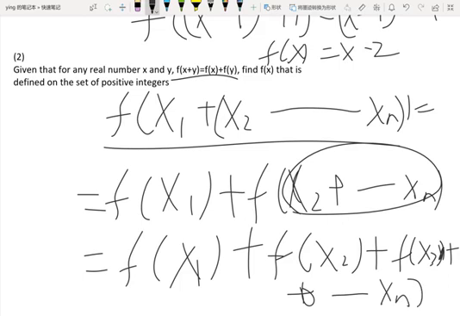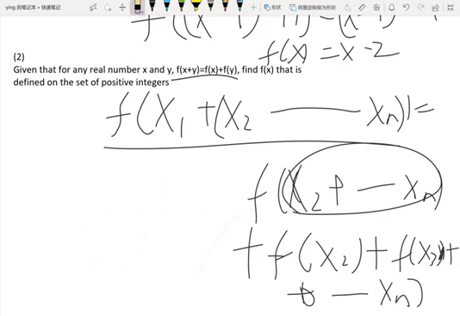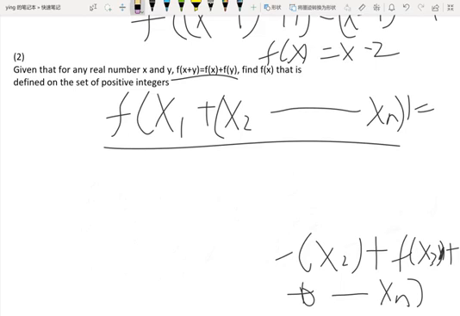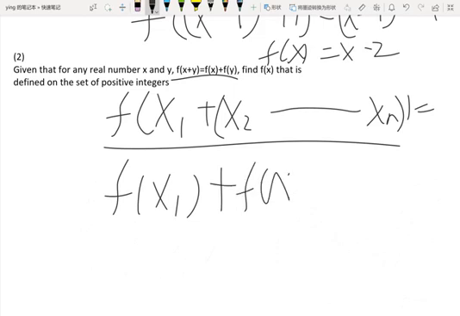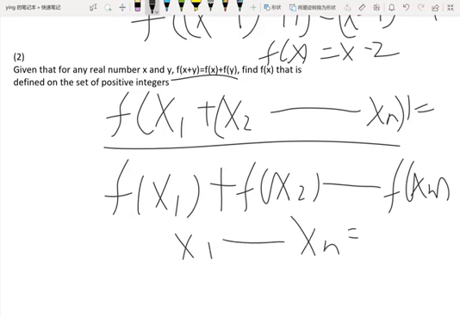So it goes along, and our final conclusion would be that f(x1 plus ... plus xn) should equal this. So the statement is proved. And here we let x1 to xn equal x, and x is a real number.